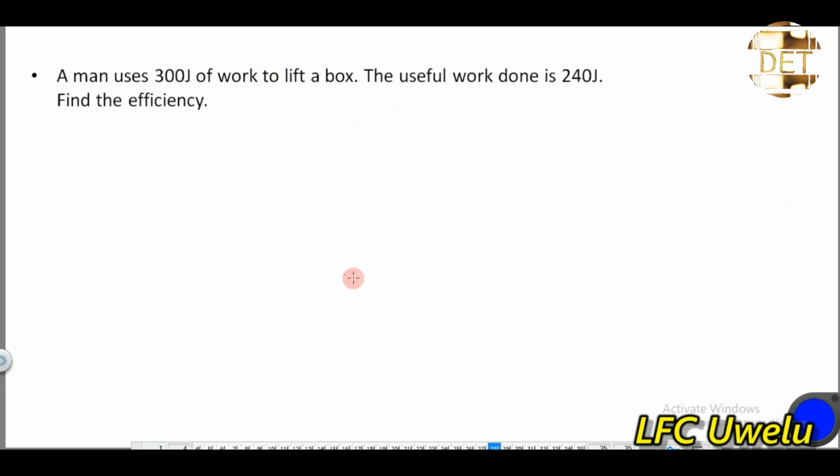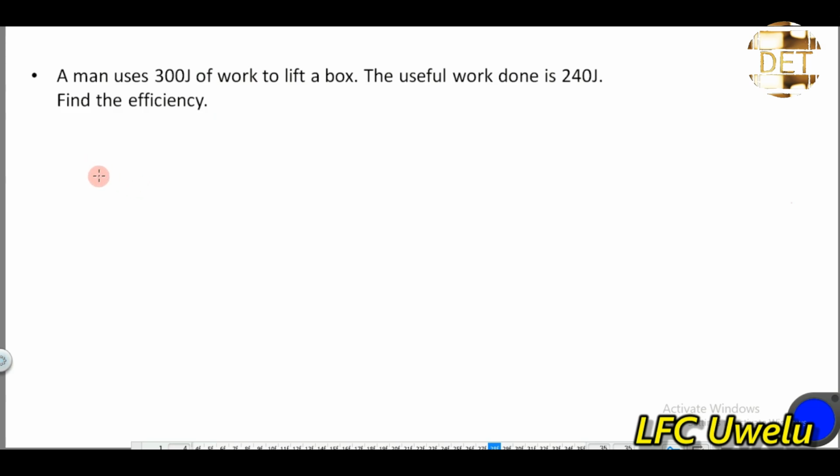Okay, so let's look at this particular question. A man uses 300 joules of work to lift a box. What does that tell you?